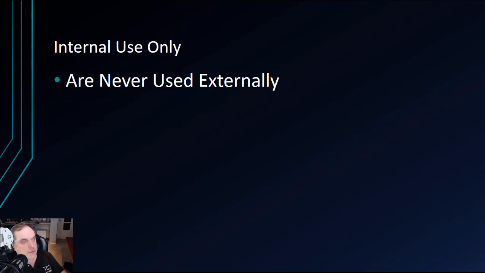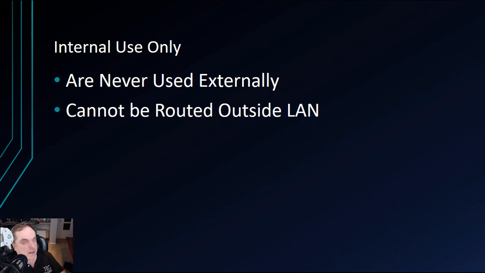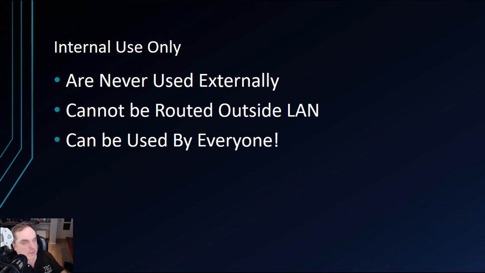So internal use only. They are never used externally. That allows us to reuse these IP addresses since they're not out on the public domain. They cannot be routed outside your local area network, and they can be used by everyone.